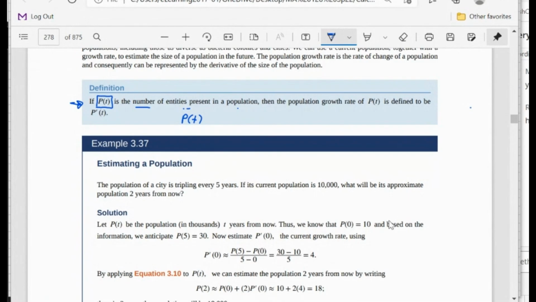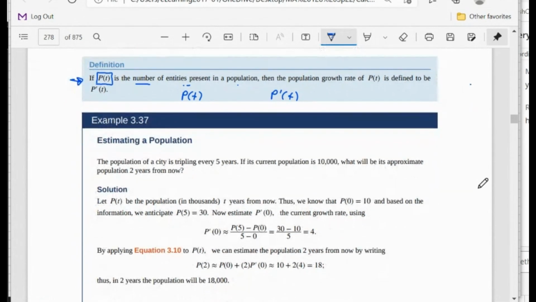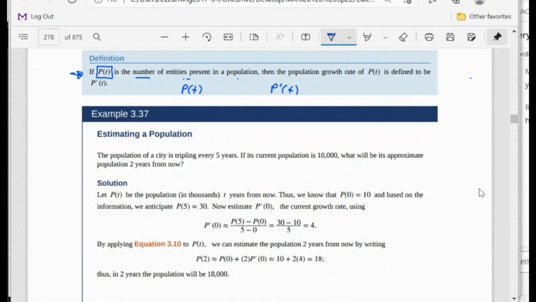And p of t represents the amount of population at time t. So the population growth rate of p of t is defined to be p prime. The derivative of p will tell us how much this population is changing. Is the population increasing? Is it decreasing? How much the population is changing is determined by the derivative.